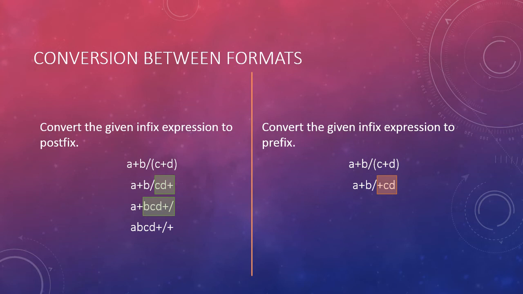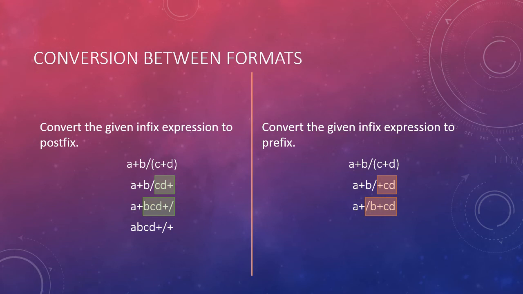The second most important operator is divide. The first operand is B, the second operand is plus CD. B divide plus CD. In prefix, it will be written as divide B plus CD, or everything that is inside the bigger orange box.